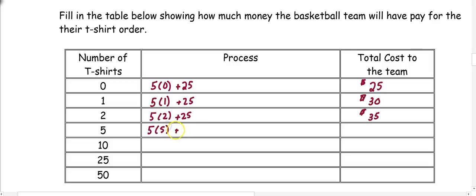5 times 5 shirts plus $25 for the setup would be 25 plus 25, so $50. 10 shirts, 5 times 10 plus 25. So 5 times 10 is 50, plus 25 would be $75. 25 shirts, 5 times 25 shirts is 125, plus 25 for the setup fee is $150.